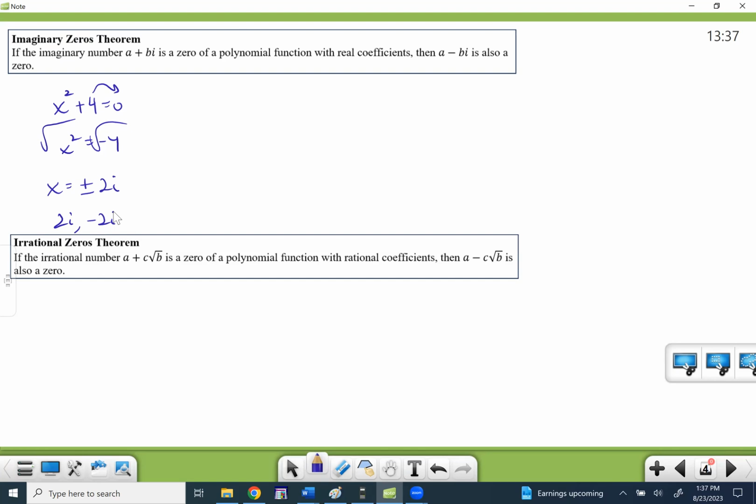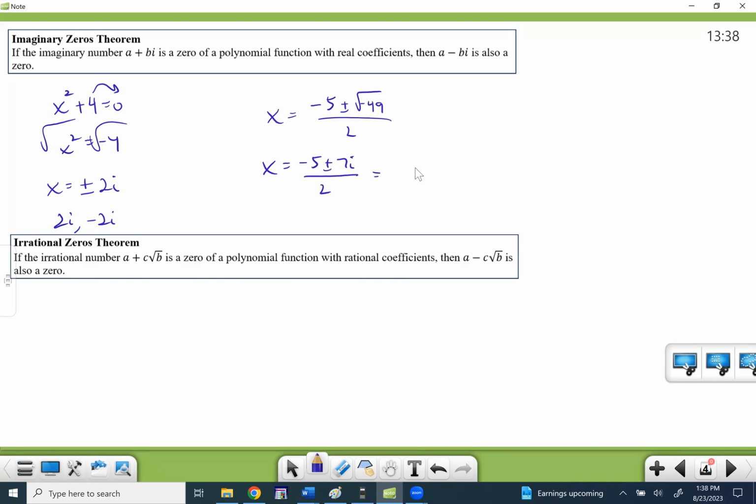Other instances where we've had situations like this would be maybe something like the quadratic formula, right? And let's say the quadratic formula got us this. Okay. Well, we know that because there's a negative under the root, it's going to be an i, and the square root of 49 is 7.